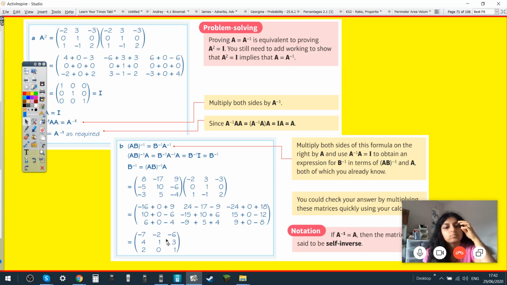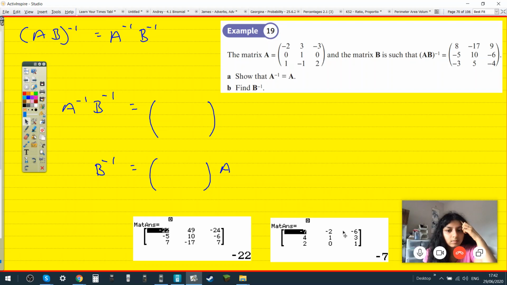Let's see. So the answer was minus 7, minus 2, minus 6. So the answer was this one. So what we have here is like that times A. Did you do B times A? Or C times A, if you like? I did A times B. So, which one?